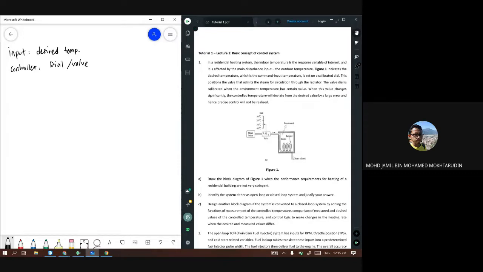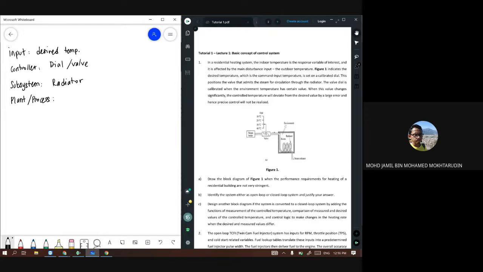And then the steam boiler will release gas into the radiator, which is located in the room. So we have maybe a subsystem, the radiator, and the plant or process.